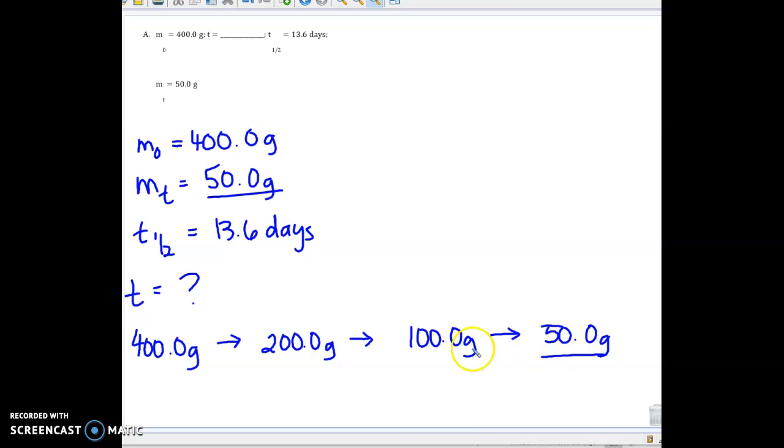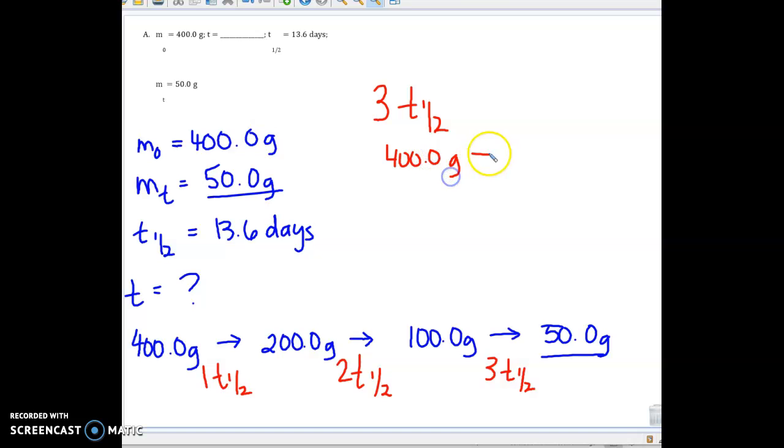I'm going to count it up. Here's one half-life, here's my second, and here's my third. So it took 3 half-lives to get from 400 grams to 50 grams.